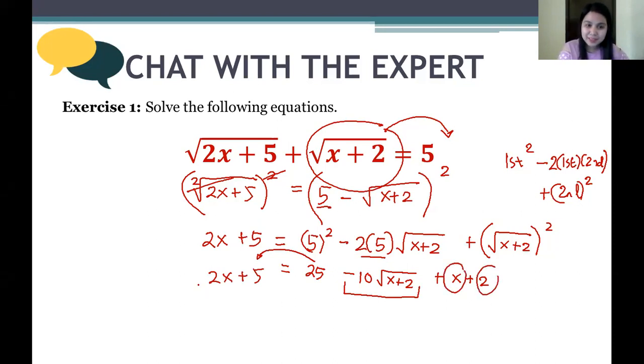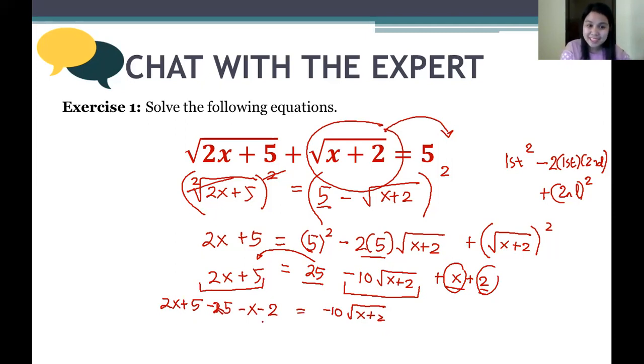Let me first write this one. 2x plus 5. Let me write the transfers now. Minus 25. Here, the next one. Minus x. And the last one, minus 2. Equals negative 10 square root of x plus 2.